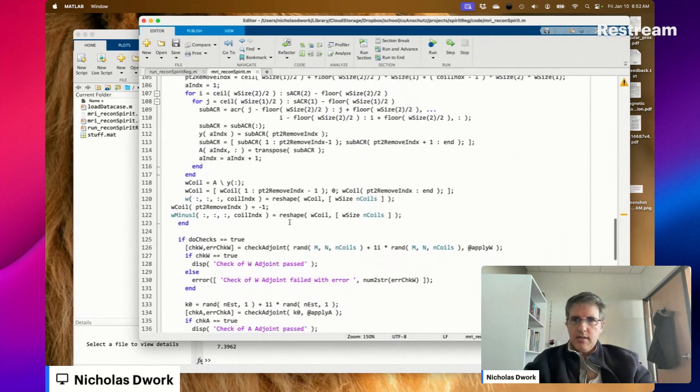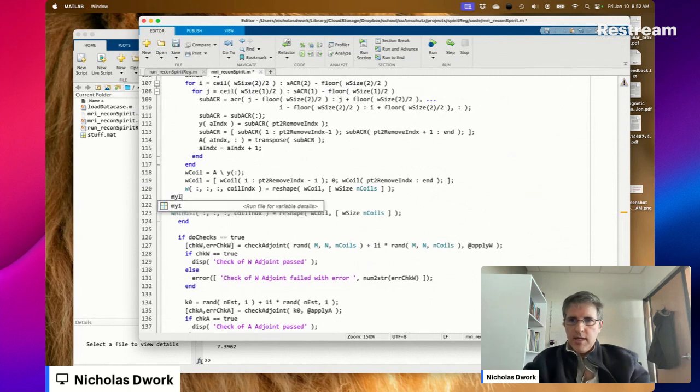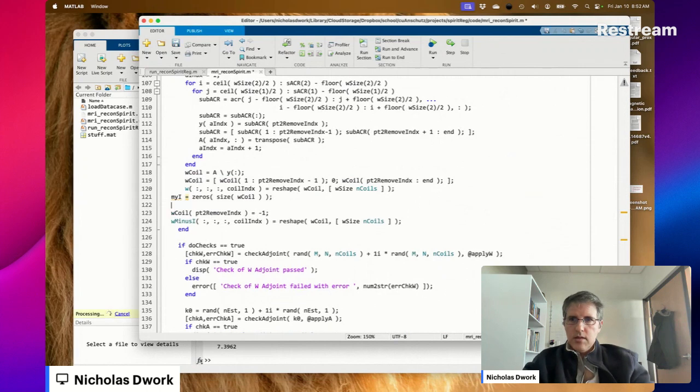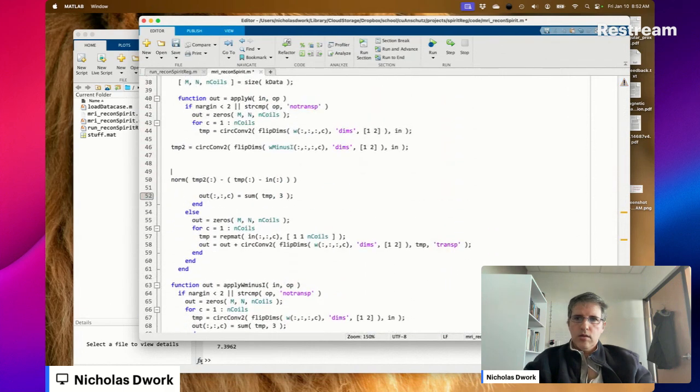My I is equal to zeros size W coil. My I at 0.2 remove index is equal to 1. Conv my I is equal to.